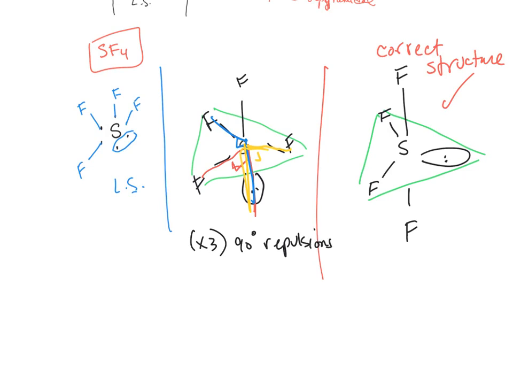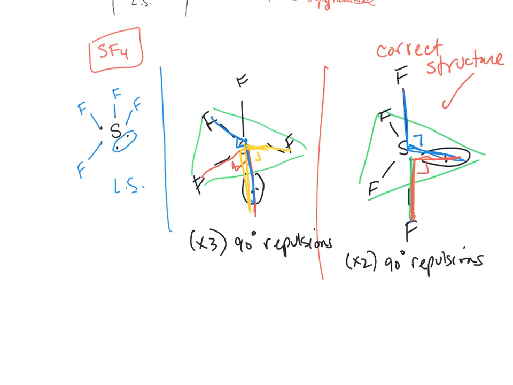All right. Now in the other example, if it's in the plane, this is 1 90-degree repulsion. And this, I'll do a different color. This is the other one. That's the other one. So this one has 2 90-degree repulsions.